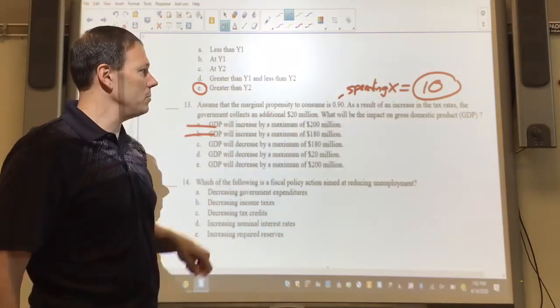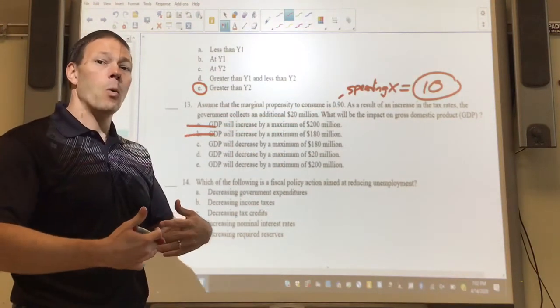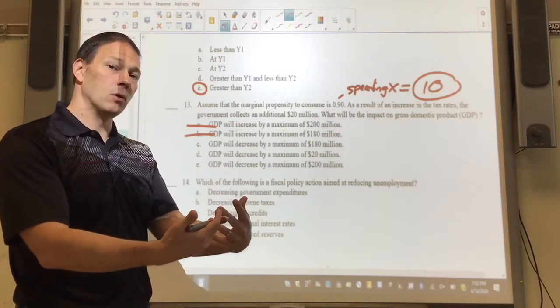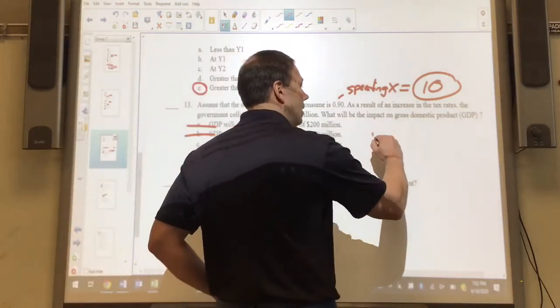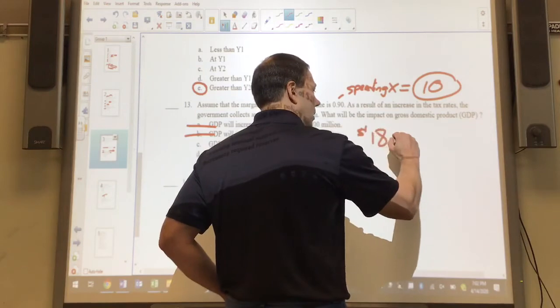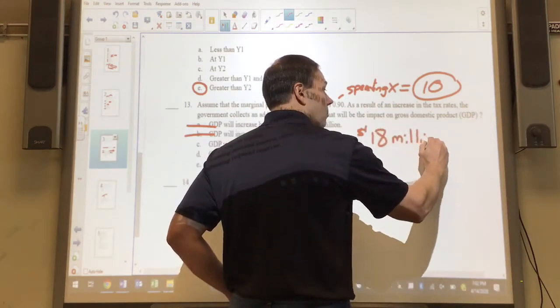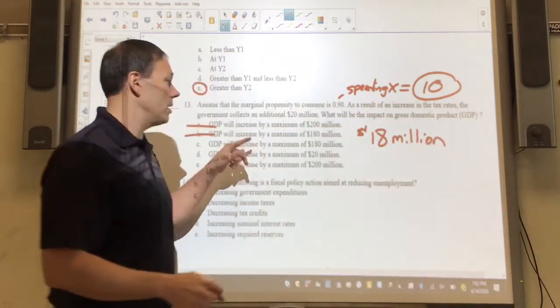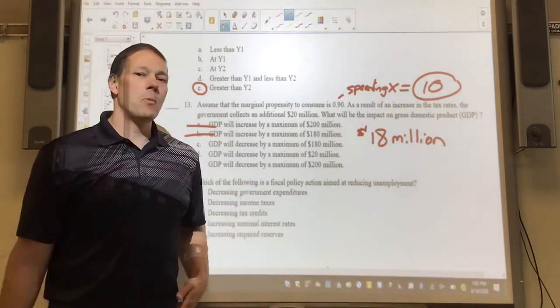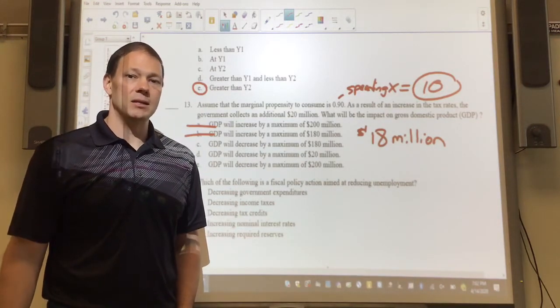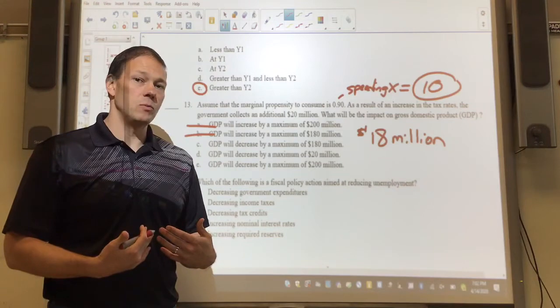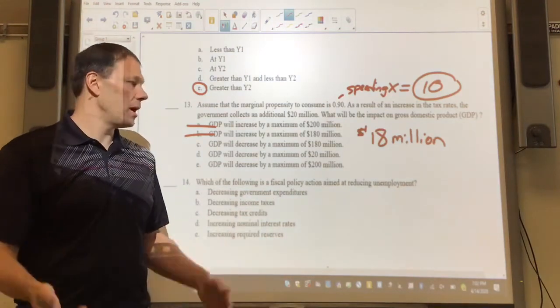They would have only spent 90% of it. That means of the 20 million that the government took, what is actually being lost here is $18 million in spending. Again, why 18? Because that's 90% or 0.9 of 20 million. That's how much people would have actually spent. They would have kept or saved the other 2 million because of the MPC and the MPS.